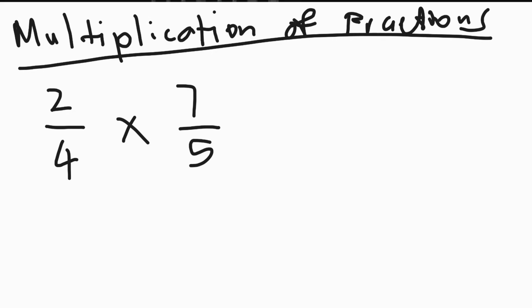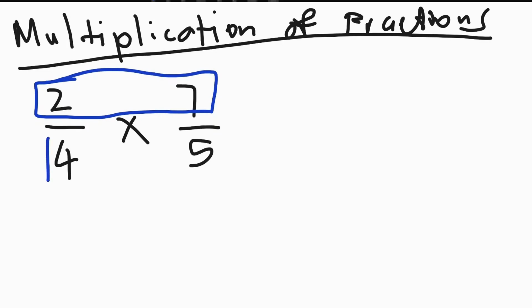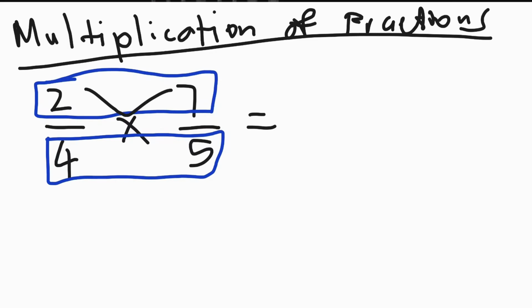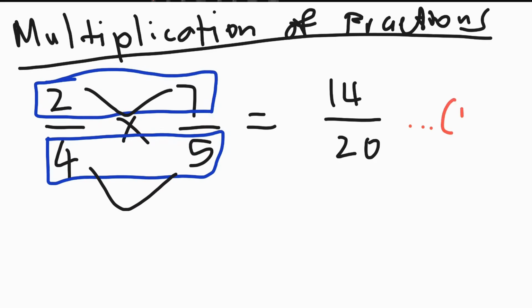Okay, so again guys, like we said, we multiply the numerators and we multiply the denominators. Okay, so we're going to jump into that again. We can say 2 times 7, that's going to give you 14, and 4 times 5, that's going to give you 20. Okay, and here you can do an HCF.